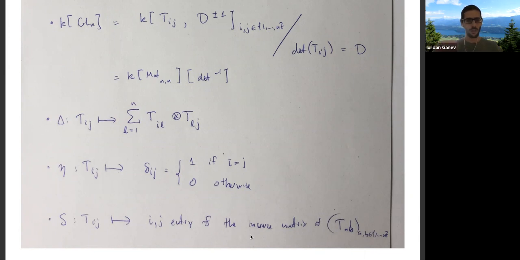I call them Tab as the coordinates defining the matrix, and then taking the inverse, each entry will be some polynomial in the Tab's, and we take the ij entry of that, and that's what gives us the antipode map.